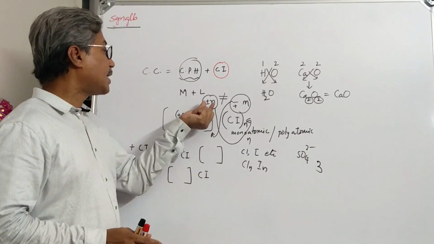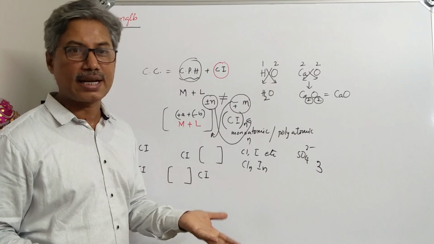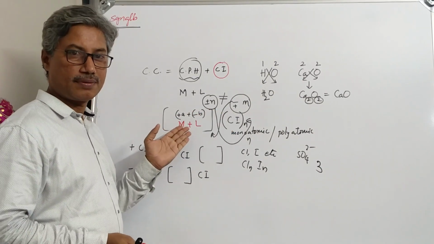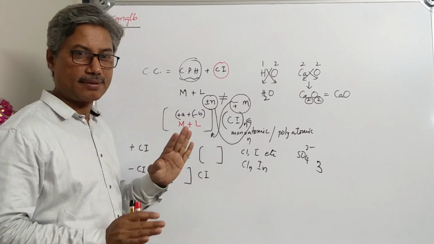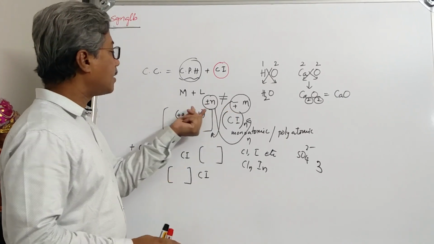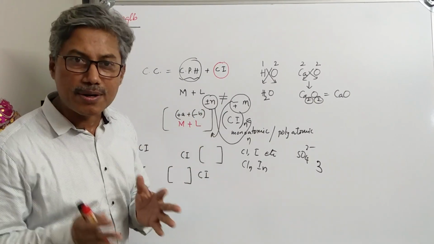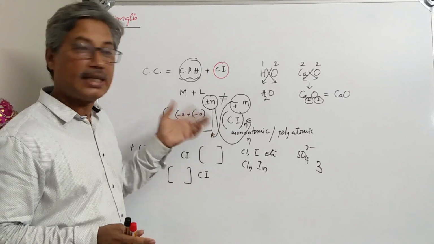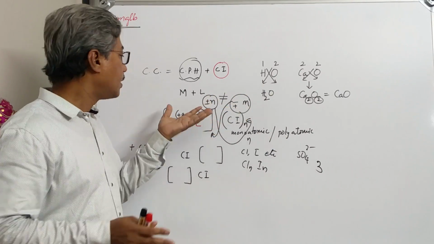See here, the charge on the complex ion. If you know the charge of any of these two, you will be able to decide which is positive. Suppose if it is negative, then our counter ion will be positive. If counter ion is negative, then coordination polyhedra will be positive, like that. Therefore, if you want to know the charge on the coordination polyhedra, then what you have to do? You have to add the charges of ligand and the metal. Sum of that charge will be equal to the charge of the coordination polyhedra or coordination ion.